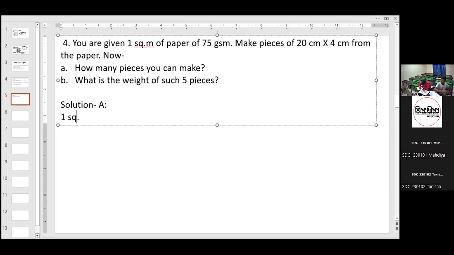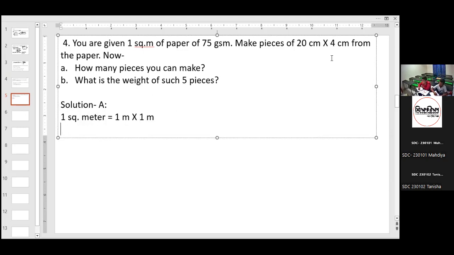One square meter is equal to 1 meter multiplied by 1 meter. So 1 meter means how many centimeter? 100 centimeter, yes.